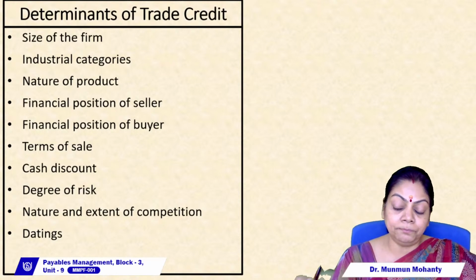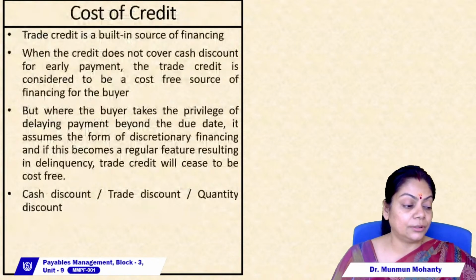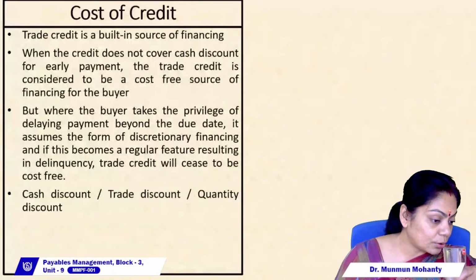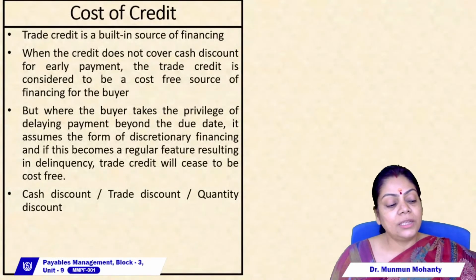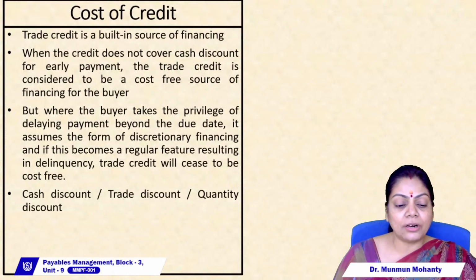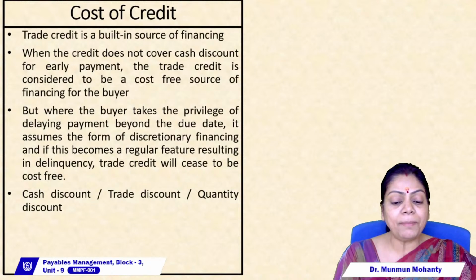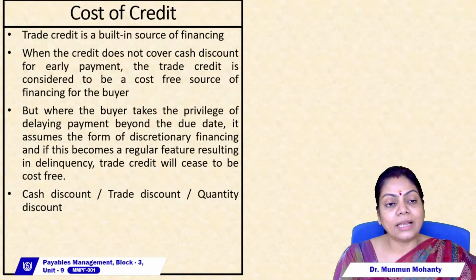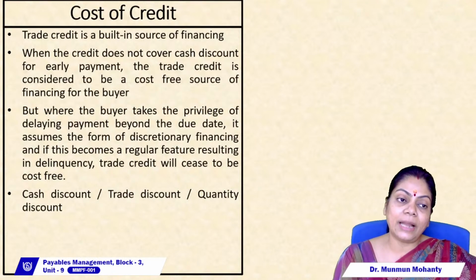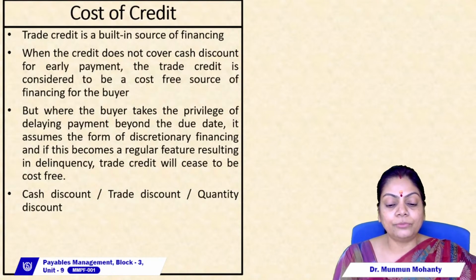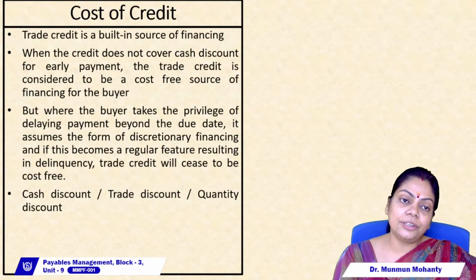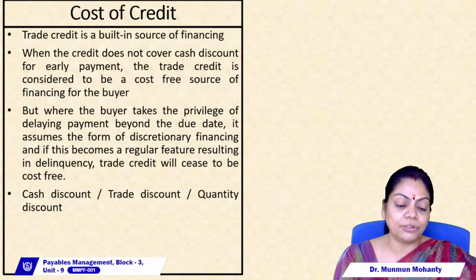Now we talk about an important aspect of this credit: the cost of credit. The billing methods can vary. The payment of invoices may be stipulated as a number of days after the actual transaction happens. When the supplier wishes to induce the customers to acquire and hold inventories, he resorts to this concept of dating that we just discussed.